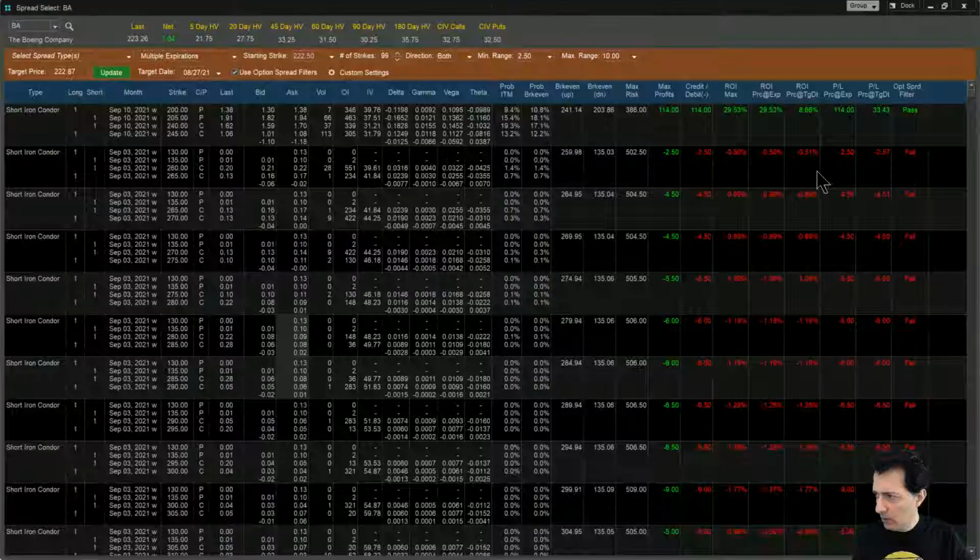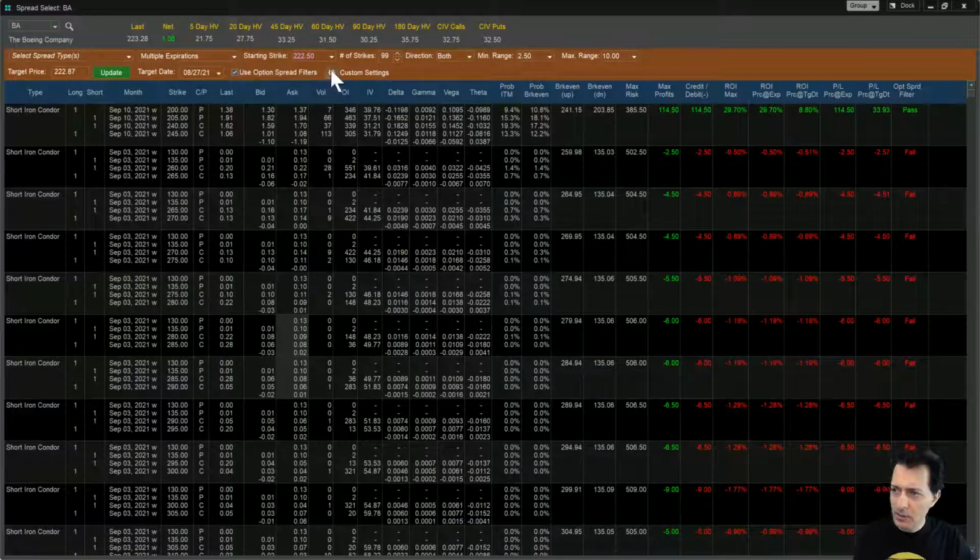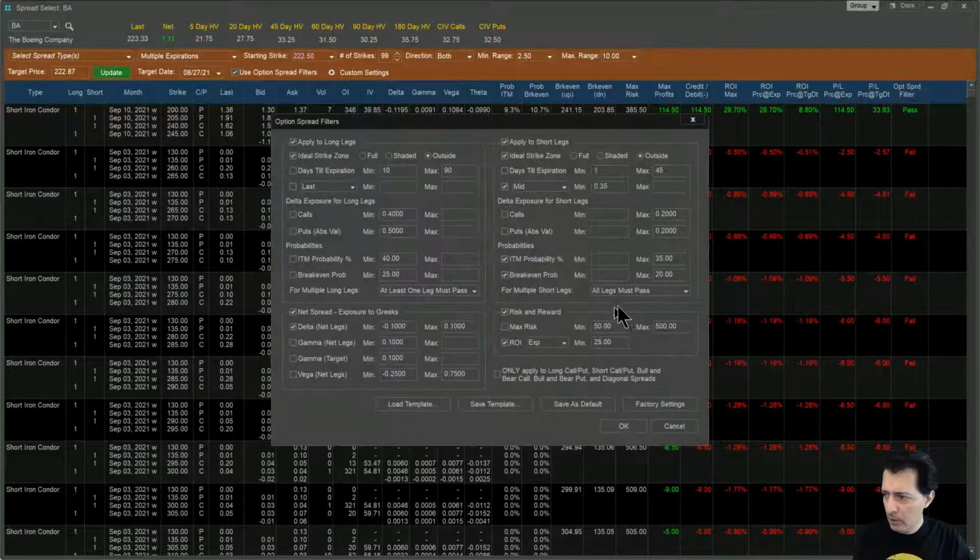Yeah, it doesn't work on the upper side and the bottom side. And we can see here 29%. So it's not good enough. We are not getting enough premium to justify the range.